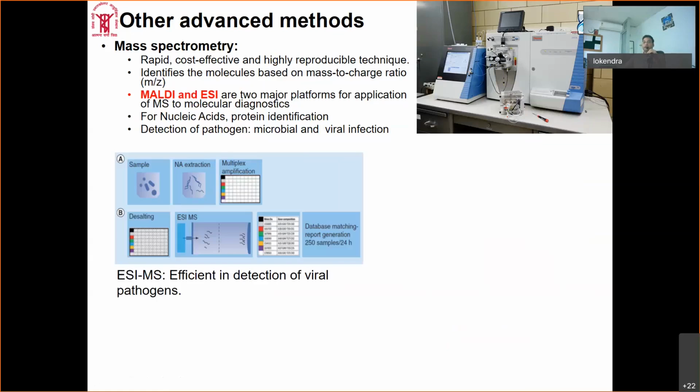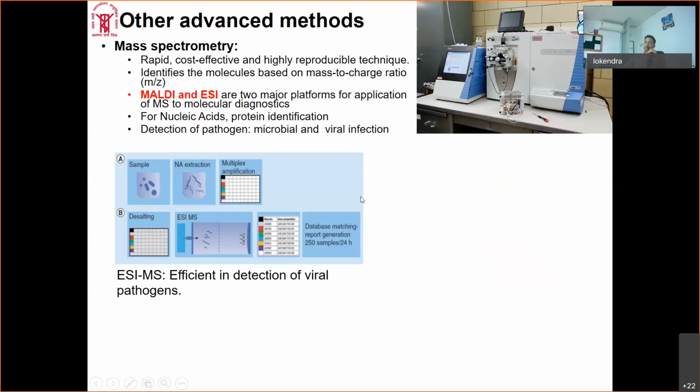So this identifies nucleic acid or protein. These processes are done outside the mass spectrometry instrument. You take the samples, isolate the nucleic acid, and then do a multiplex amplification like normal PCR, in which you have a probe or specific fluorescently labeled dNTPs, which makes the overall reaction quite fluorescent.